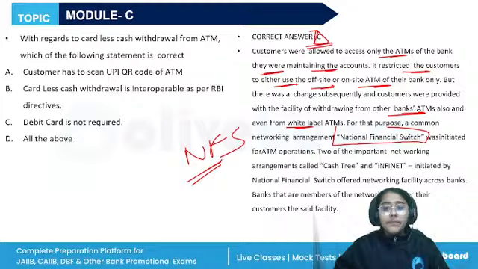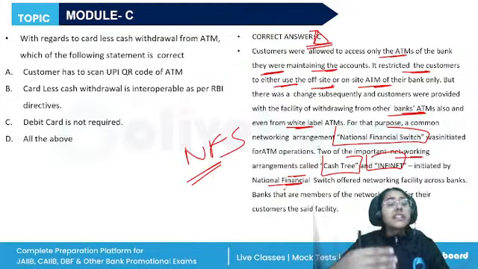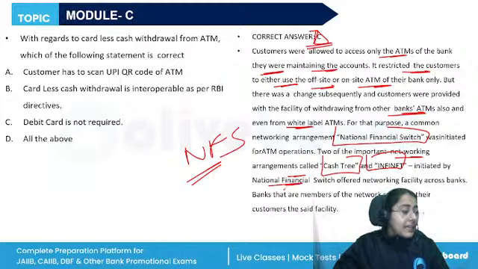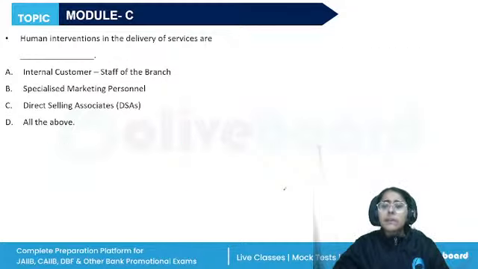There are two important networking arrangements called the Cashtree and the Infinet, which have been initiated by the NFS. We have studied about the NFS and the Infinet, the charges, the one-time subscription fee that has to be paid, how many ATMs have been already installed by the NFS, white label, brown label, and so on.